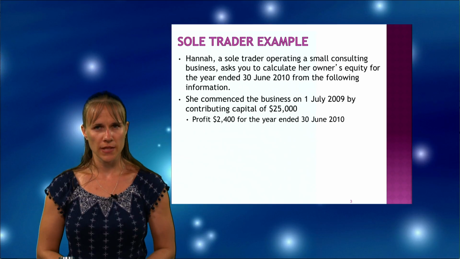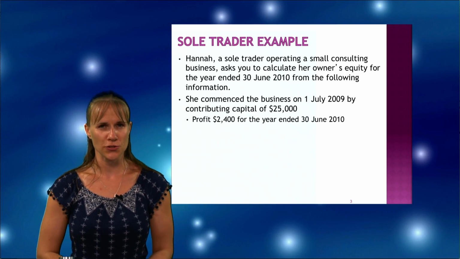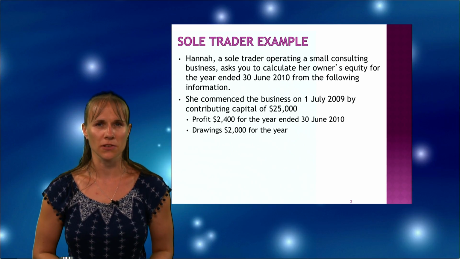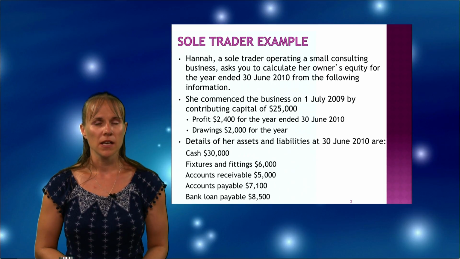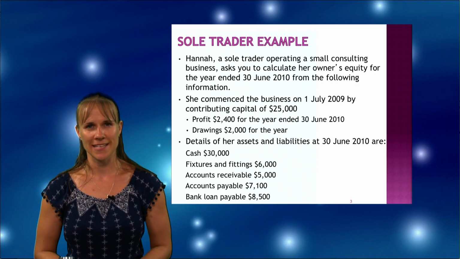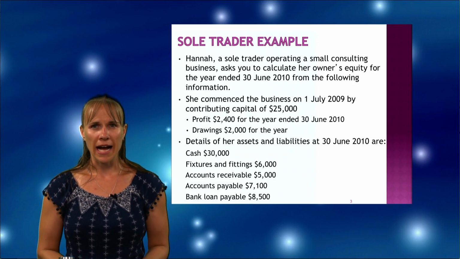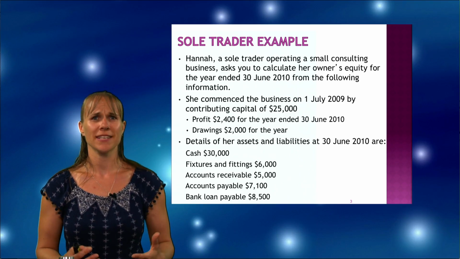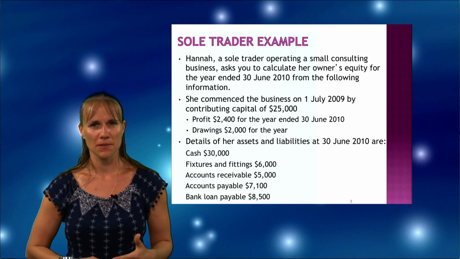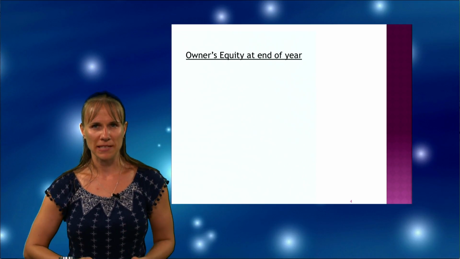Profit of $2,400 for the year ended 30 June 2010, and she also had drawings of $2,000 for the year as well. Her assets and her liabilities look like this at 30 June 2010. So she had some cash, some fixtures and fittings, accounts receivable, accounts payable, and a bank loan payable as well. So she's got a little bit of a mix happening in there.